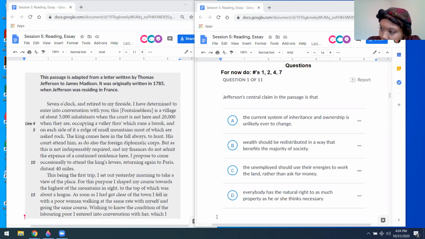of society. I scroll back up to the passage and I could see in paragraph 15. Paragraph 15. Yeah, Dean was saying your audio settings might be low.